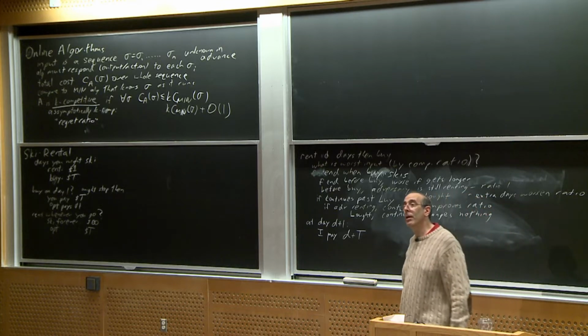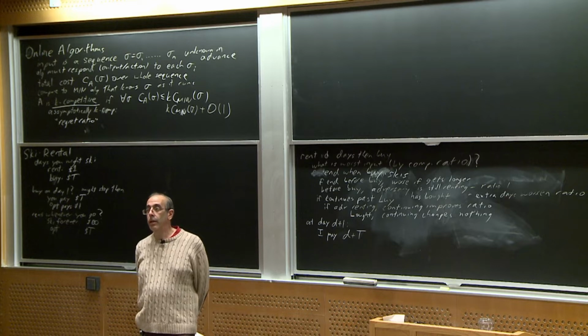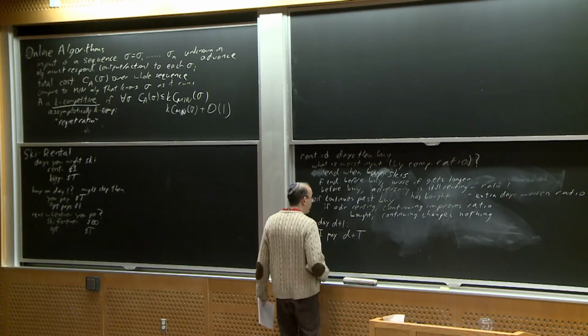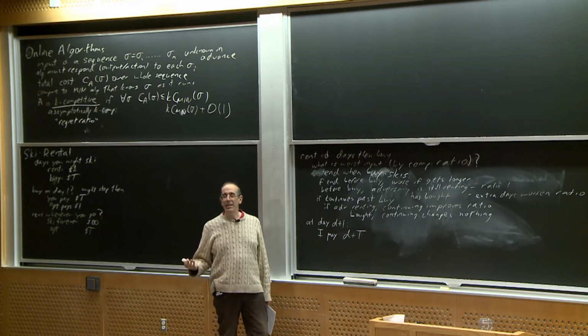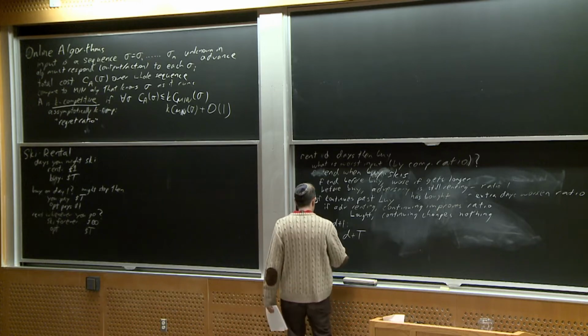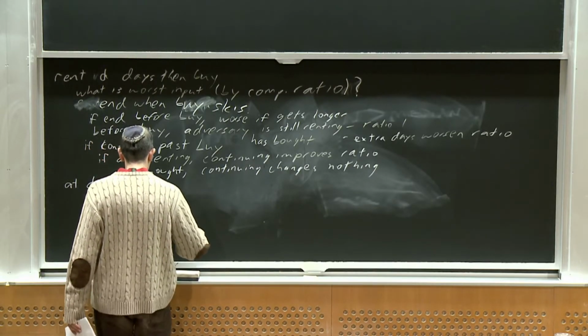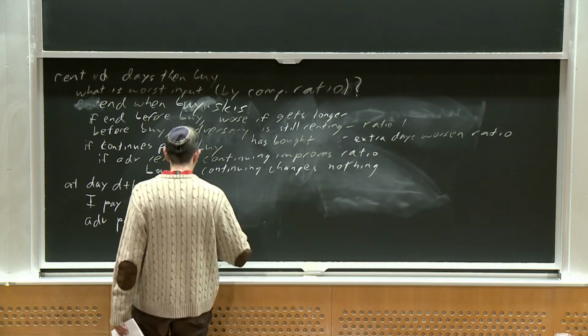If D plus 1 is less than T, then D plus 1, otherwise T. Exactly. Since the adversary knows how many days you're going to ski, it will either buy at the beginning or not buy. If the adversary is going to buy, then it'll do so right away because that's the cheapest way to buy. So the adversary pays the smaller of D plus 1 and T.